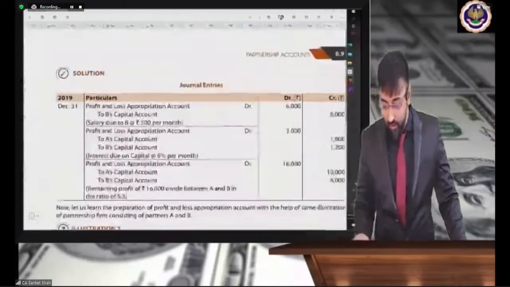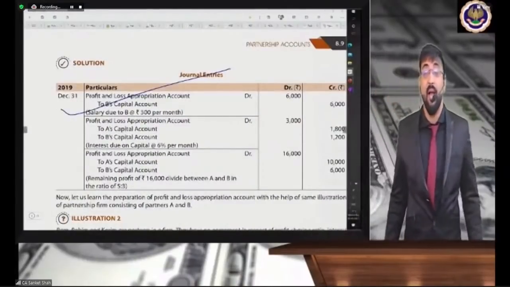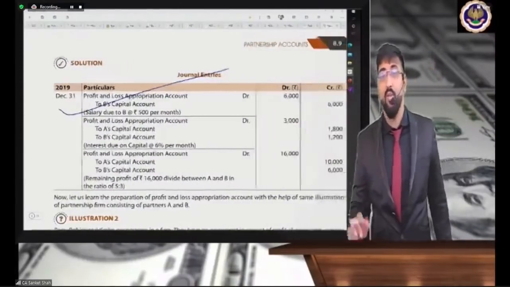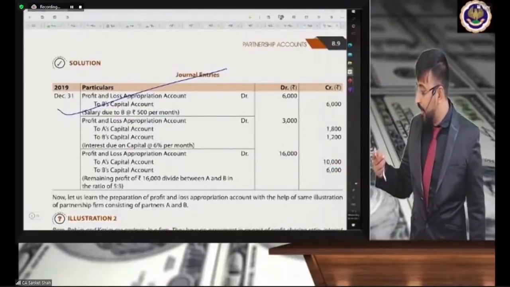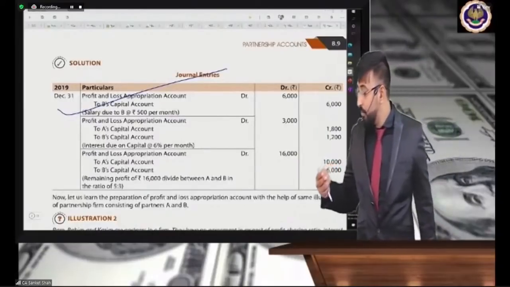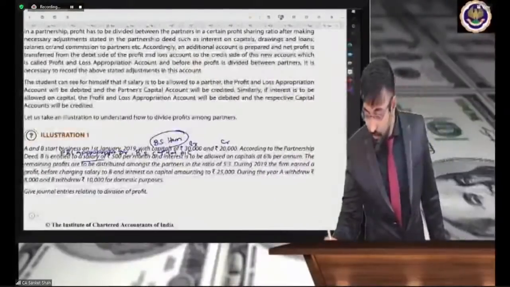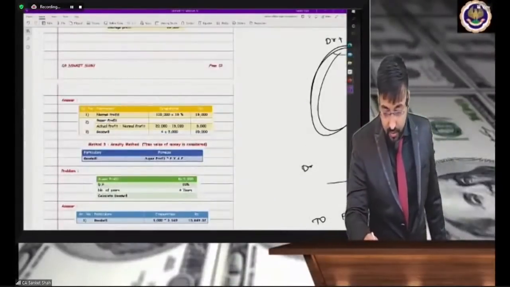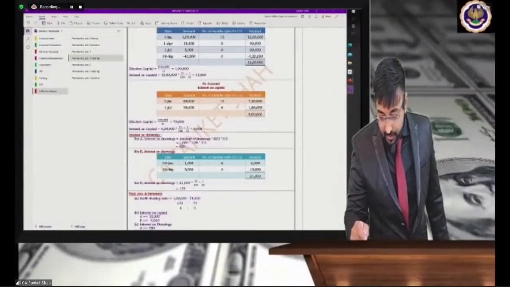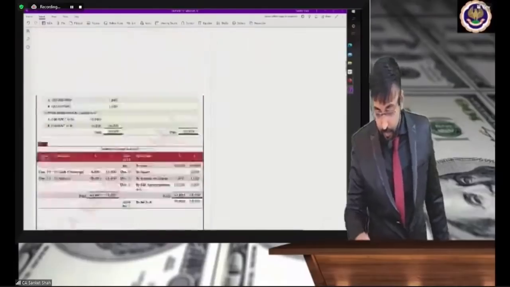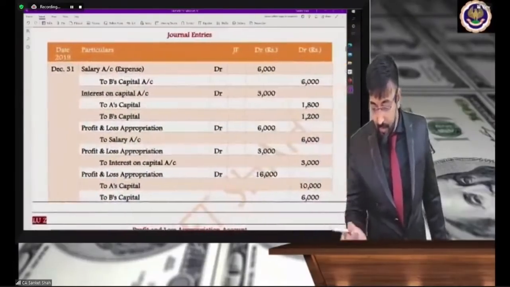The entry is also given: profit and loss appropriation account debit to B's capital account. Otherwise you can pass 2 entries. First one, salary to B's capital account. Salary to B's capital, and then P&L appropriation account debit to salary. Please take a screenshot if you want the answer in my way; it is my way of presentation.